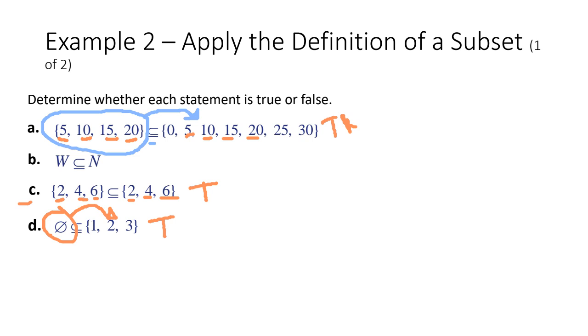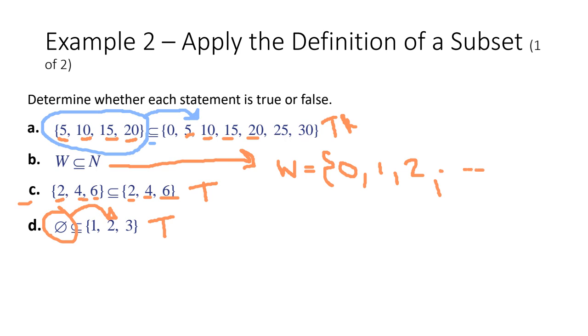Now here, they have W as a subset of N. So as you're doing these, if you're not sure what W is, you can write out the numbers. So remember, W is 0, 1, 2, and so on.